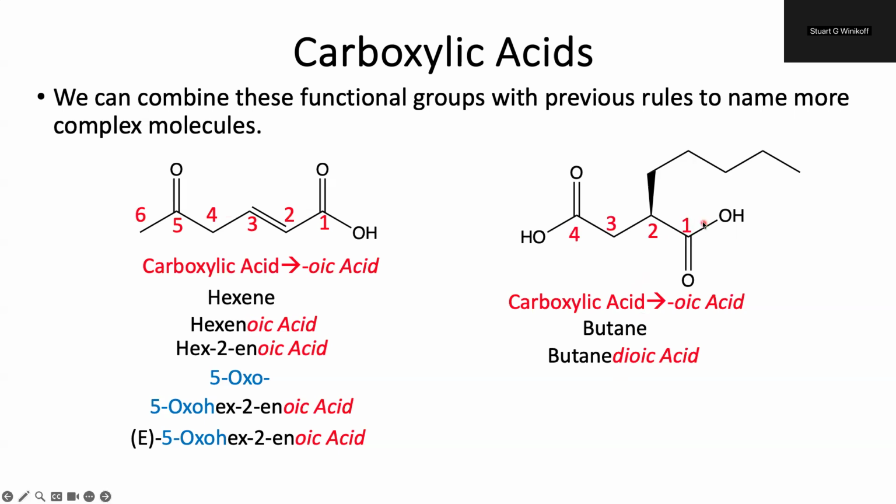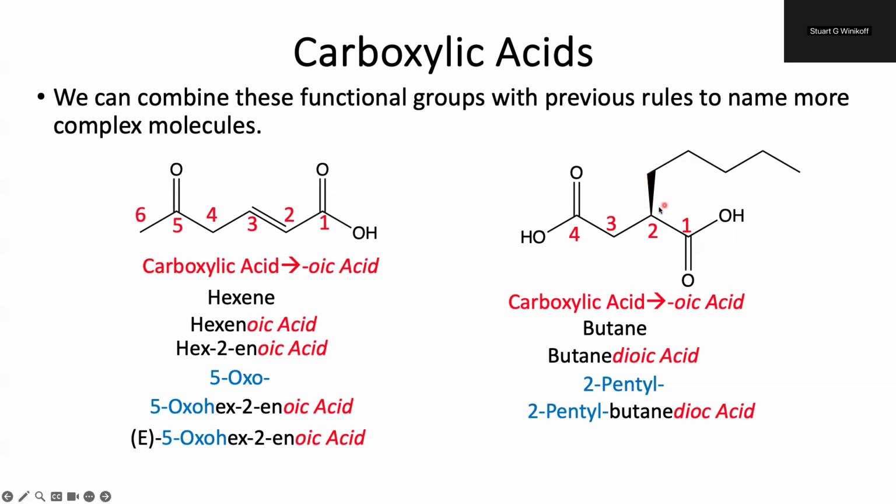Then again, numbering, we're not going to include numbering on the dioic acid because by definition, just like the aldehydes, carboxylic acids are terminal groups. So in other words, the numbering is mostly going to be about minimizing the numbering of that alkyl group, which again is going to be a pentyl group located at the 2 position. So I have a 2-pentylbutanedioic acid.